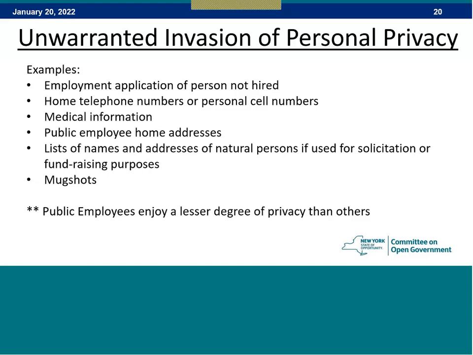If the person pulls up outside their office in a mobile dog grooming van and the town clerk looks out the window and says, I see that you pulled up to the window in a mobile dog grooming van, the likelihood is the town clerk could simply deny on the grounds that it is their belief that the information would be used for solicitation or fundraising purposes based on the identity of the individual.